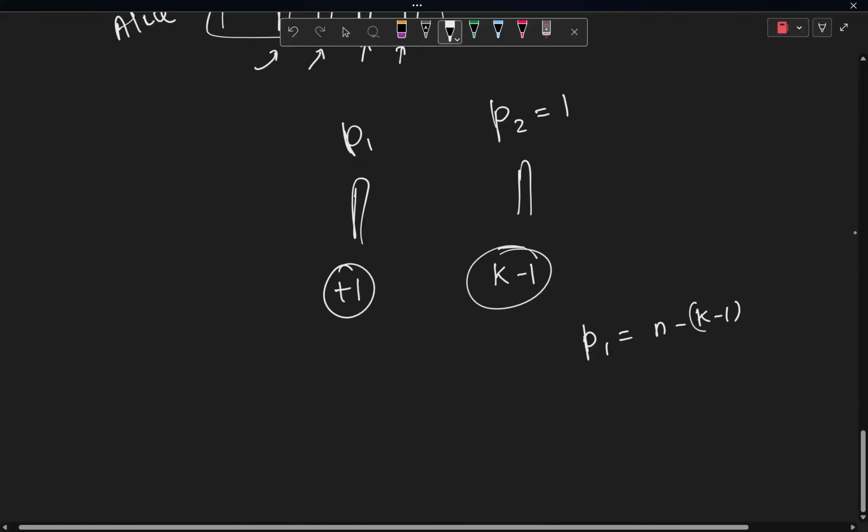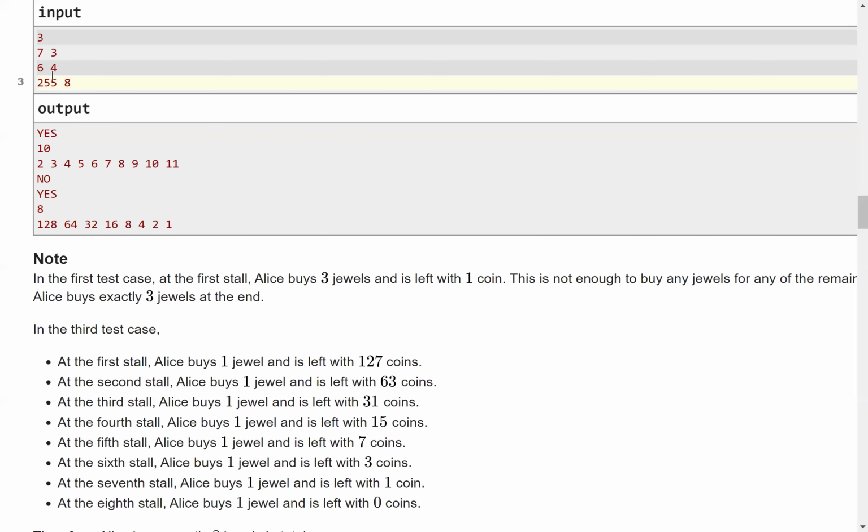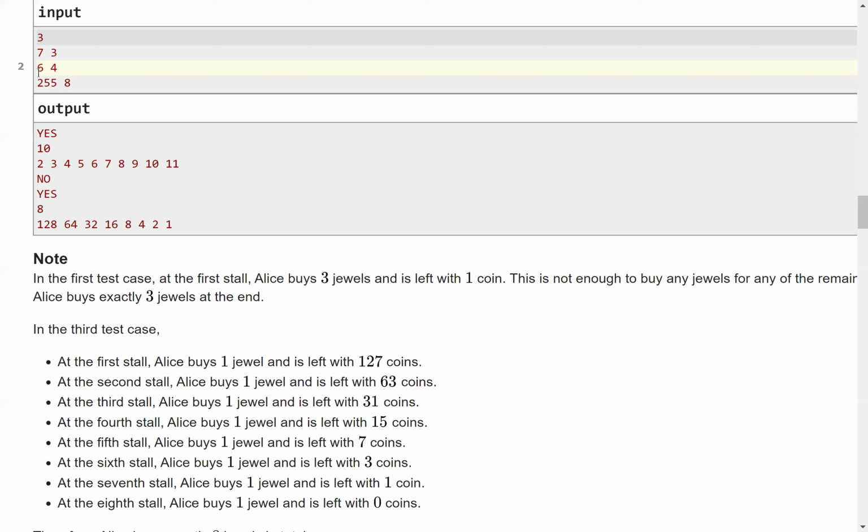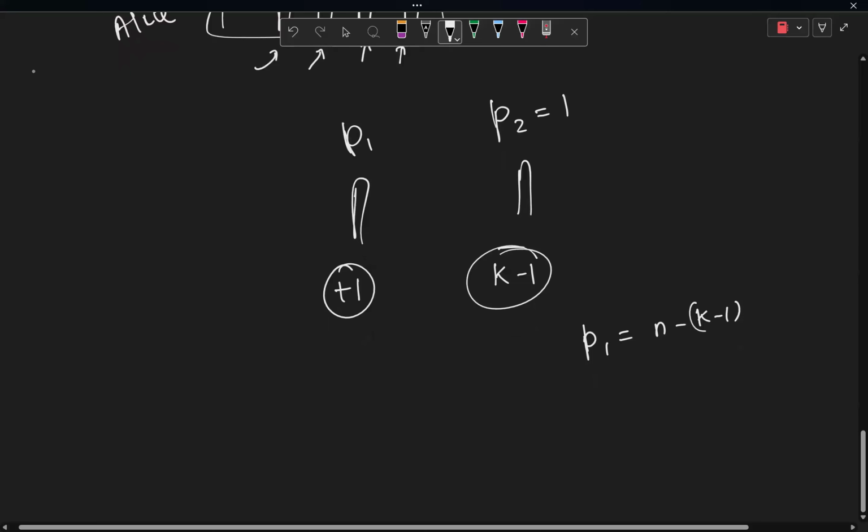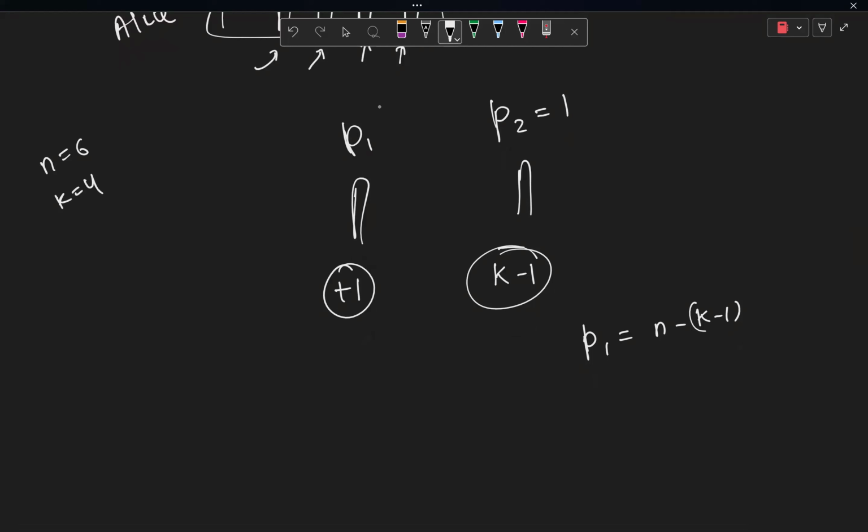Now, since we know that we will have the answer as no, they have given it as the hint, we just try to think about this case: what is the problem in our approach? What will happen in our approach when n is equal to 6 and k is equal to 4? P1 will come up to be 3: n minus k minus 1, which is coming up to be 3.